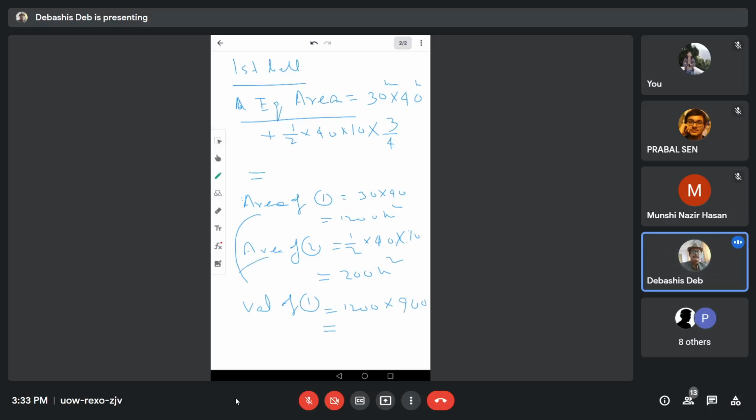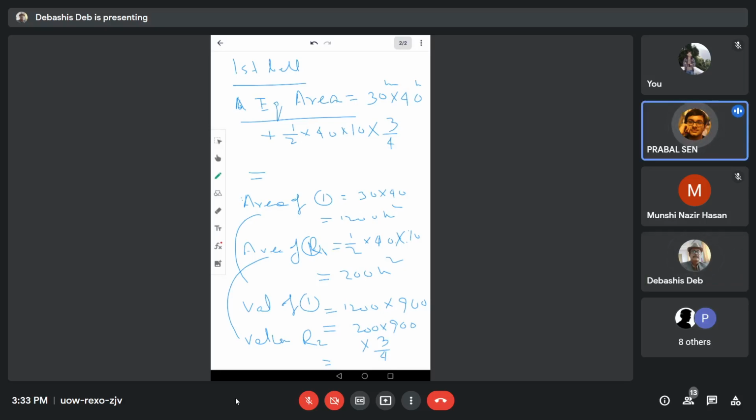Sorry, value of R1 will be 200 into 900 into three-fourths. Normally it can be done this way, no problem.